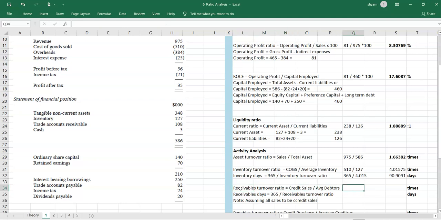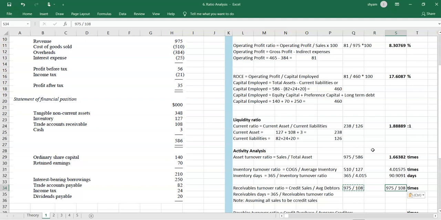So sales is 975 divided by average debtors. Here if you see, we don't have the word debtors, but we have receivables, so that is 108. If the question gives you receivables as well as debtors, both numbers, you have to add them. You shouldn't take an average, you should add them. In case there are 2 years, you have receivables for year 1 and year 2, you have to take an average of it.